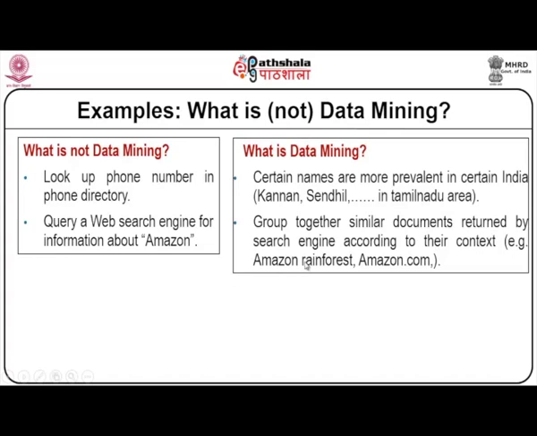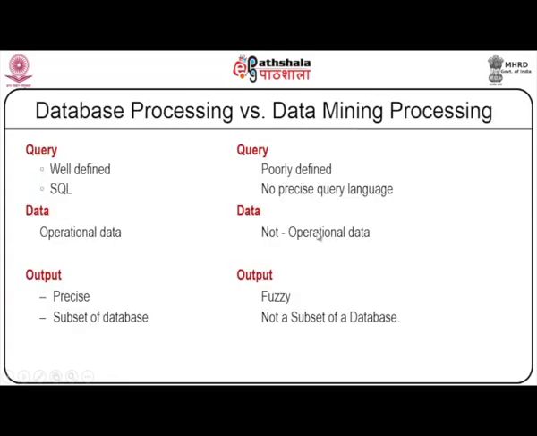The forest is available in the United States of America. So as I have told you, we try comparing database processing and data mining processing. As you might appreciate, with respect to three categories, query, data and output, in database processing, queries are well defined and we use structured query language.